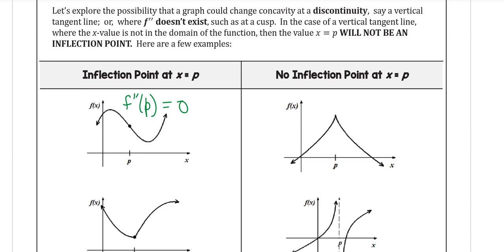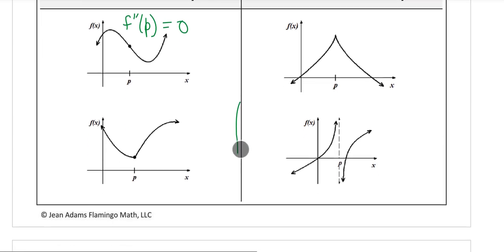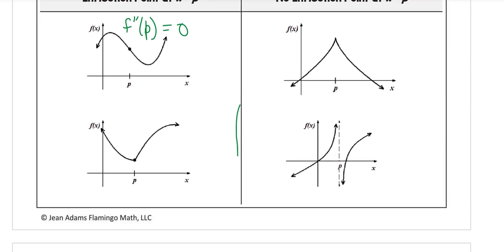But right below it, we also have a change in concavity, because we are concave up here and then concave down there, and f double prime of p does not exist. So we want to be careful. We do have an inflection point, but its second derivative doesn't exist.